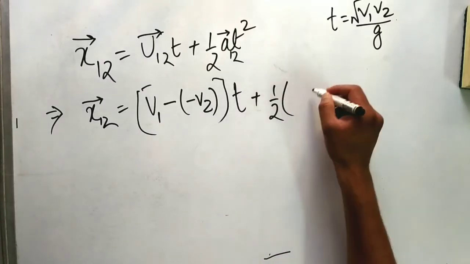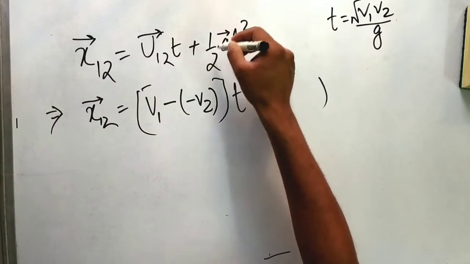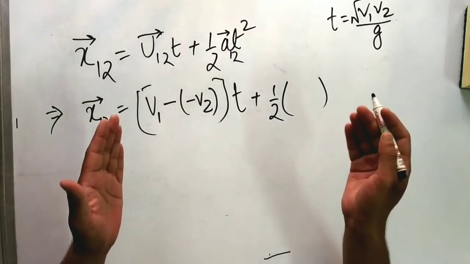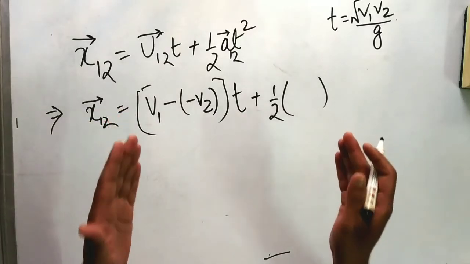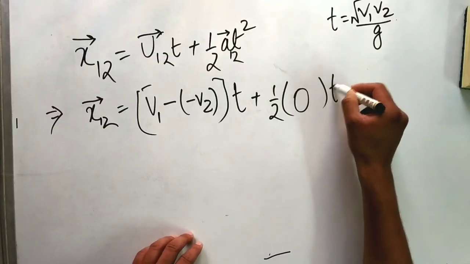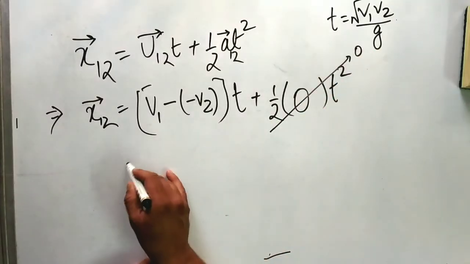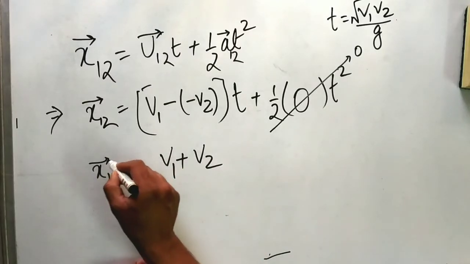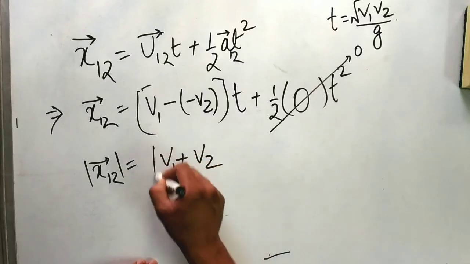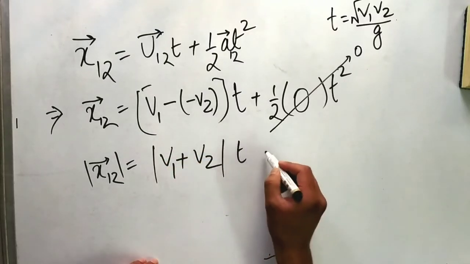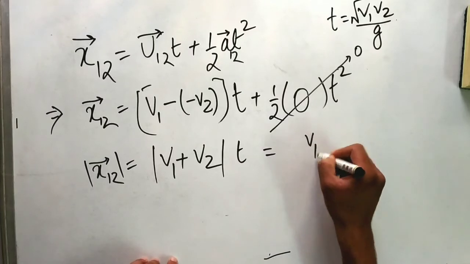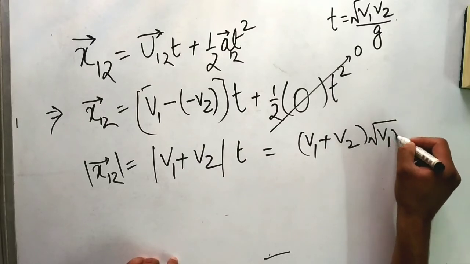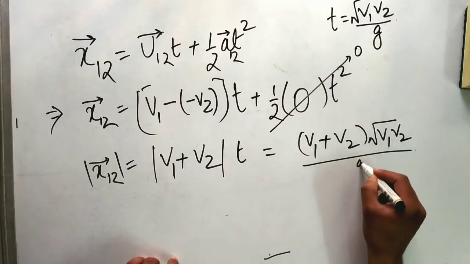Now here's the thing. a12 is the relative acceleration of the first particle with respect to the other particle, but the acceleration for both the particles is the same, which is g. So it's going to be 0 into t square. So this goes away. So we have x12 equal to v1 plus v2 into t, and the mod of it is equal to mod of v1 plus v2 into t, which is equal to v1 plus v2 into root over v1 v2 divided by g.